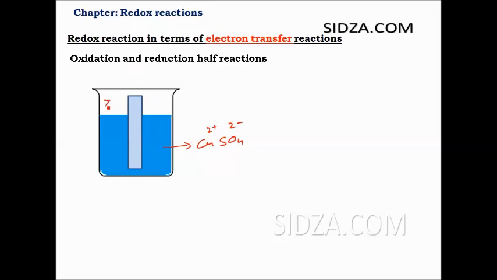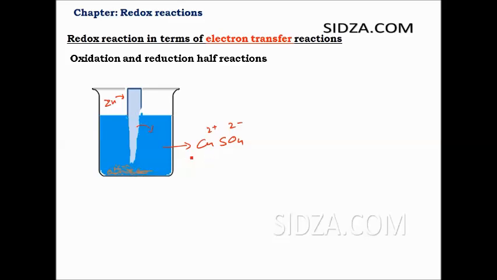After some time you will see the weight of the zinc rod decreases because the zinc rod dissolves in it. Therefore the weight of the zinc rod will decrease and you will find some copper getting deposited at the bottom. You get a precipitation of copper.